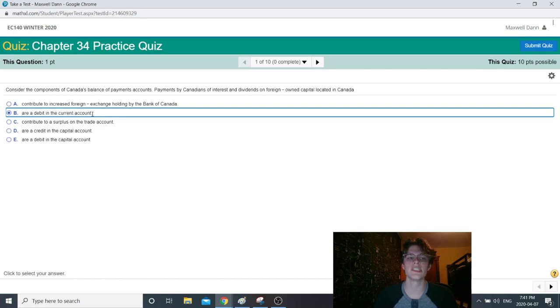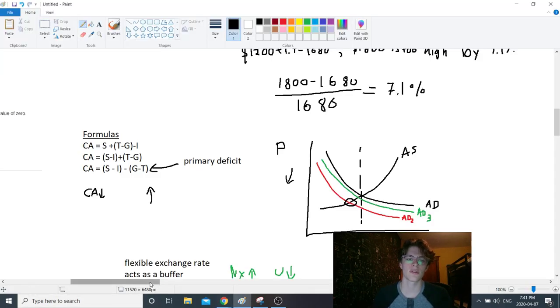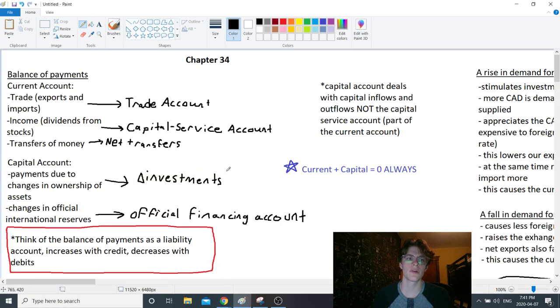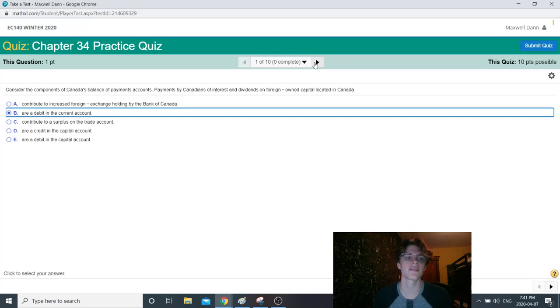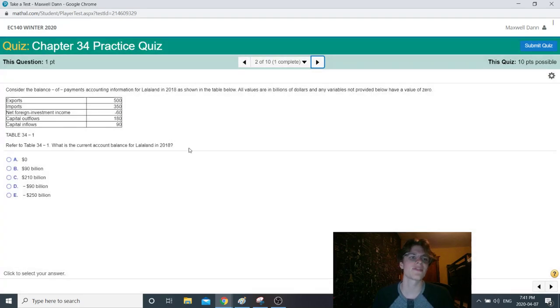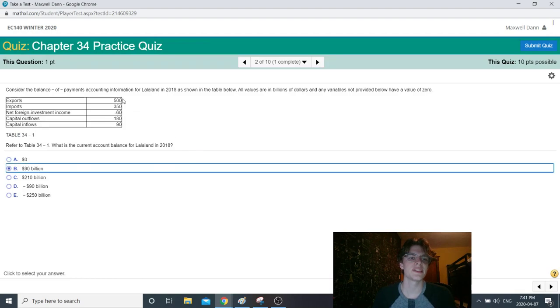And it's in the current account, not the capital account, because it has to do with these income dividends. What is the current account balance? We did this one. 50 minus 350 is 150, minus 60 is 90.